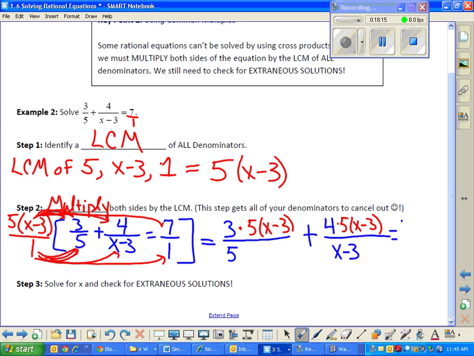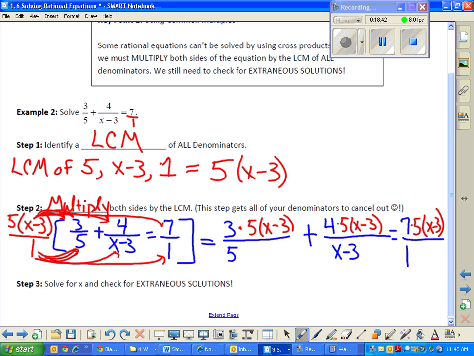And then that's equal to 7. It was 7 over 1. I have to distribute that 7, to the LCM rather, that 5 times x minus 3, to the other side of the equal sign also. So it goes to the whole problem. Multiply both sides by the LCM. So indeed, the numerator is the only thing that changes in this step.